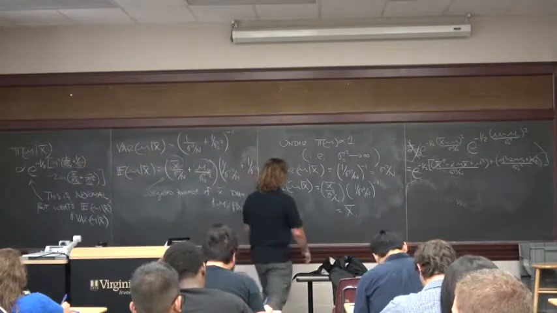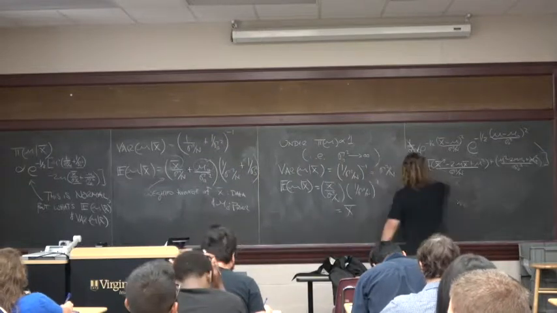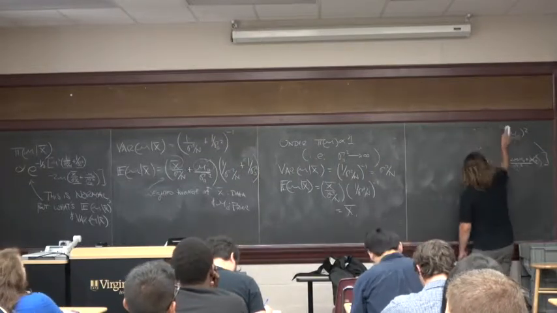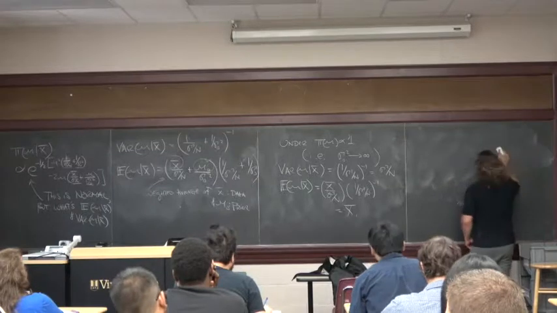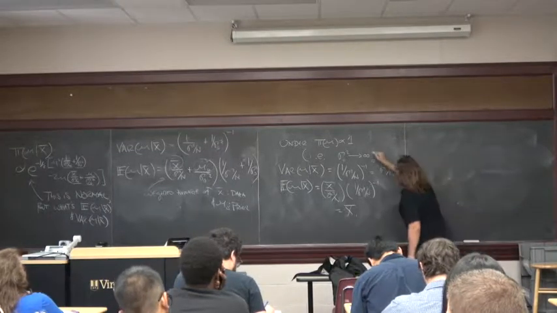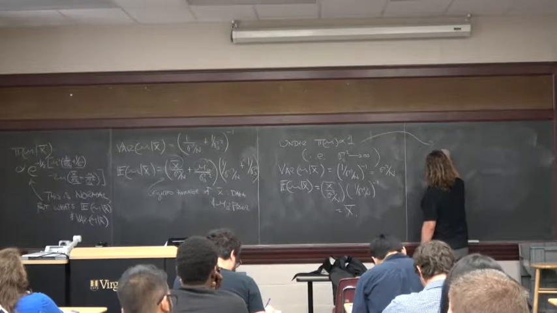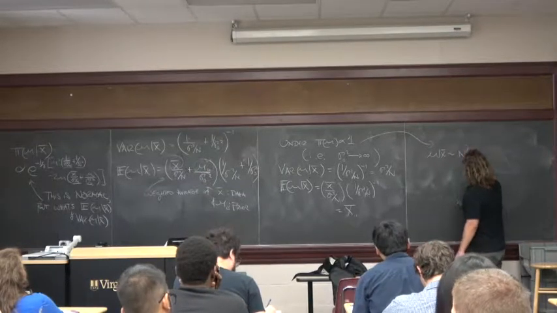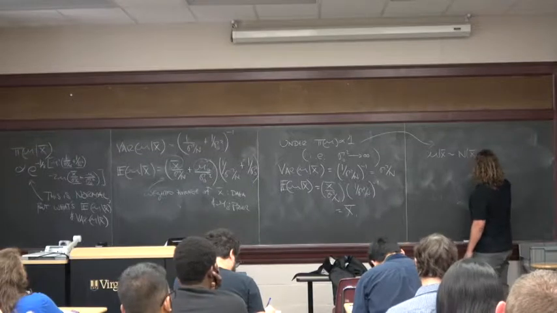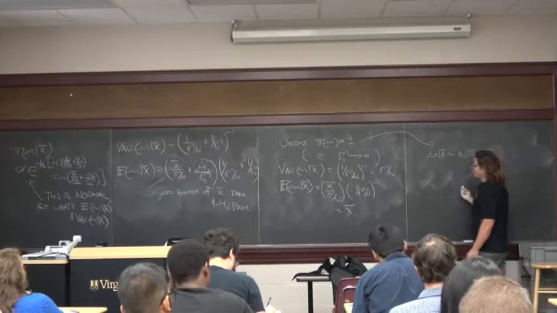So let's look at our posterior distribution that we've gotten under the uniform prior. Our posterior distribution, mu given x bar, is normally distributed, centered at x bar, with variance sigma squared over n.